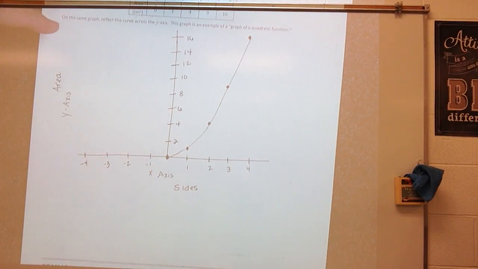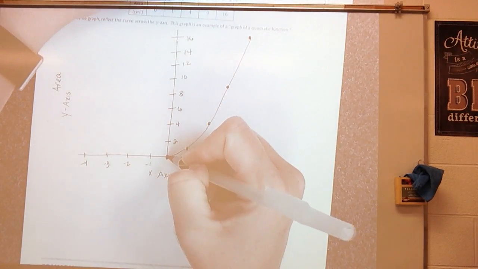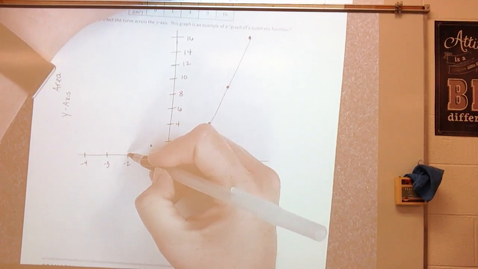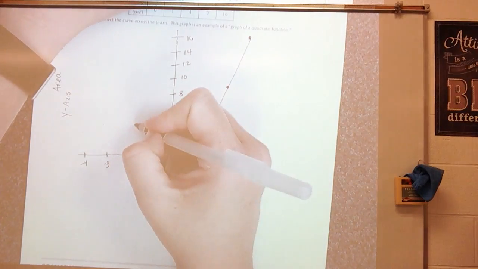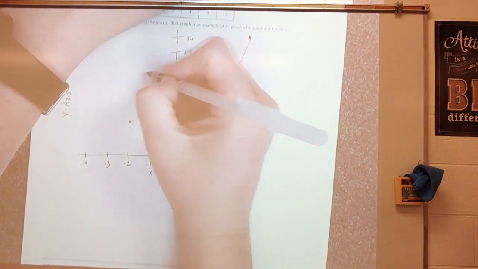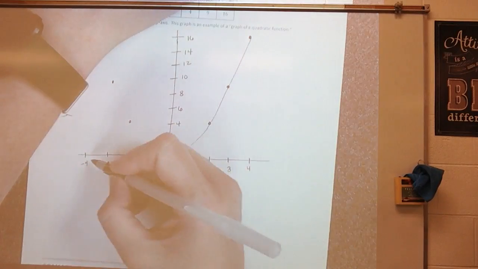It wants us to reflect across the y-axis. All right. So 0 has 0, 1 has 1, 2 has 4, 3 has 9, and 4 has 16.